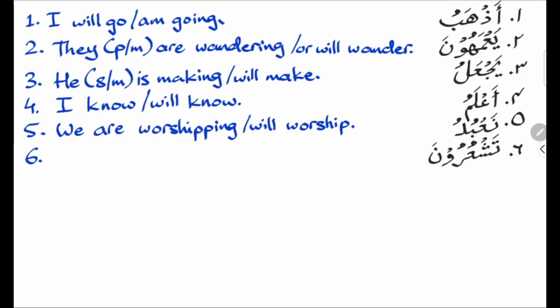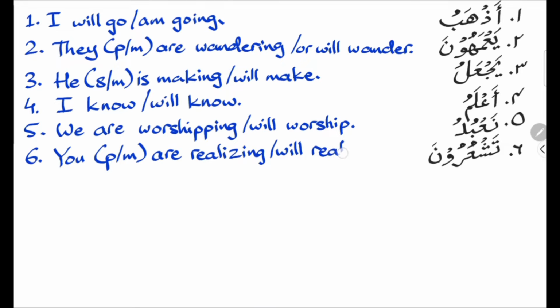Number 6 is تشعرون. تشعرون comes from the root word of شعر, which means to realize or to become aware. تشعرون is جمع مذكر حاضر. You, plural, male, are doing or will do. So تشعرون means you, plural, masculine, are realizing or will realize.